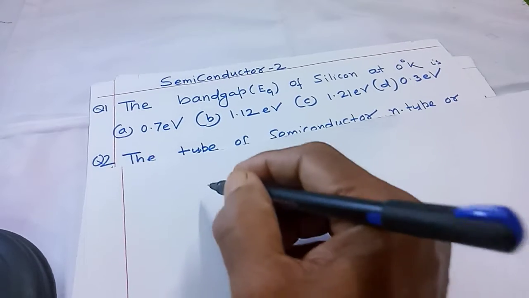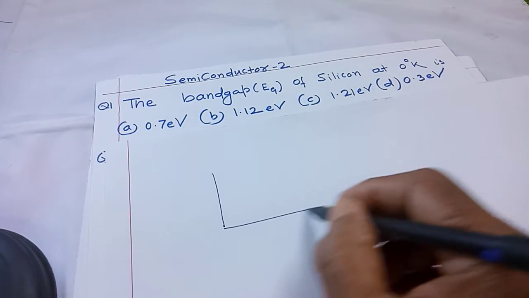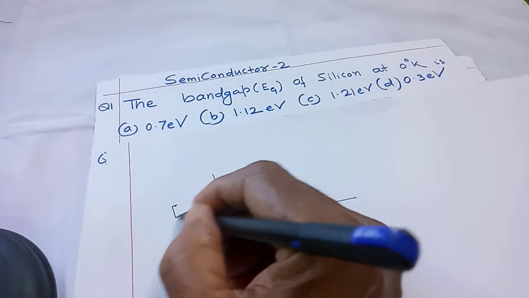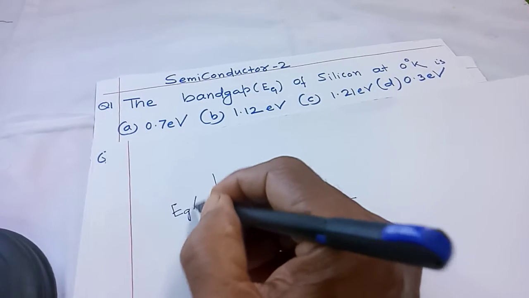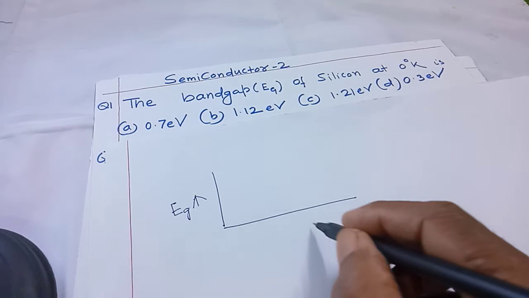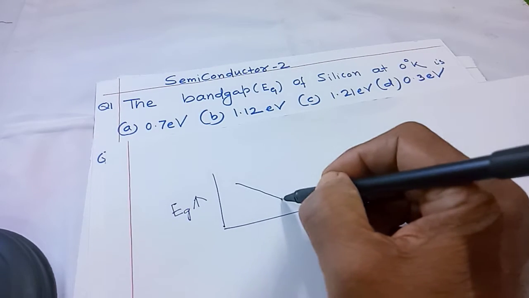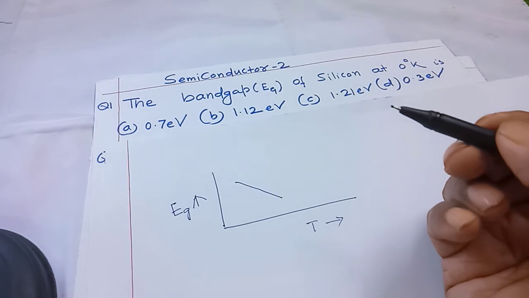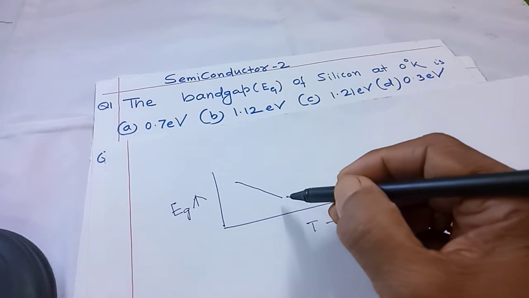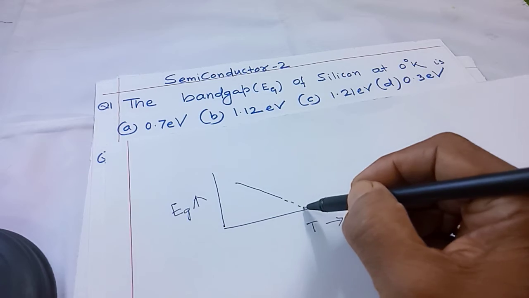Earlier I have told that if you draw a graph between energy gap taken along the y-axis and temperature taken along the x-axis, the graph is a straight line having negative slope, and we extrapolate this graph on both sides.